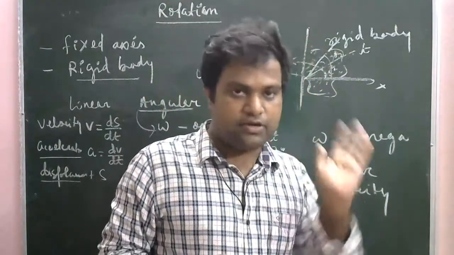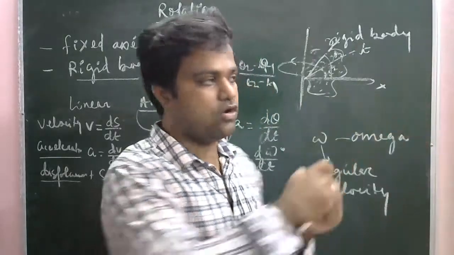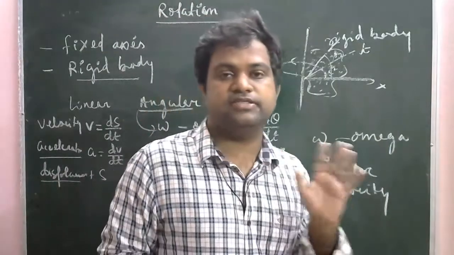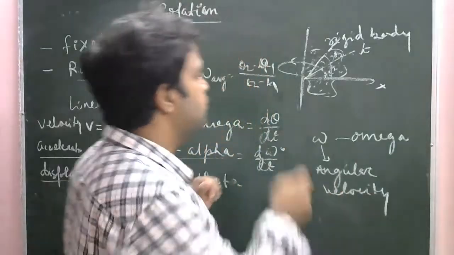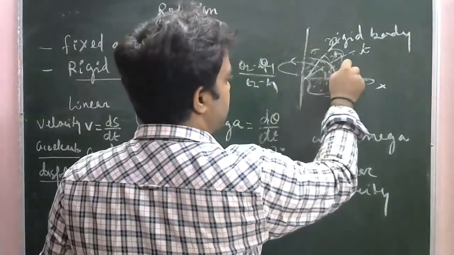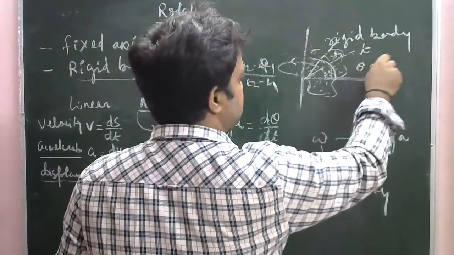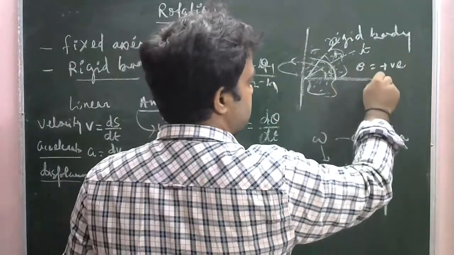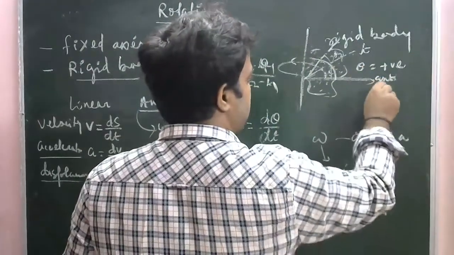You can remember it this way: clock has a negative theta, negative displacement. So we always take theta positive for anti-clockwise motion.